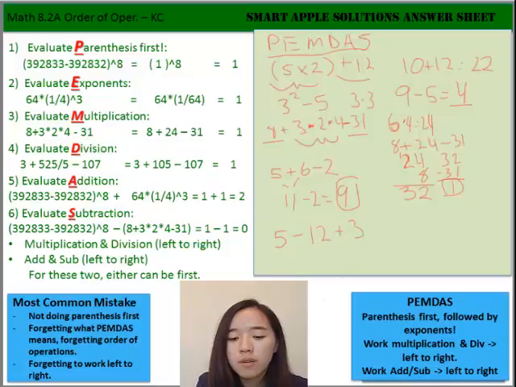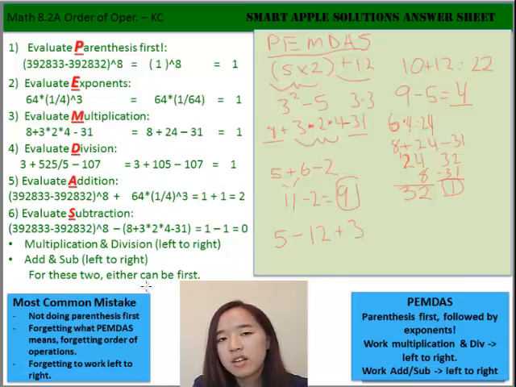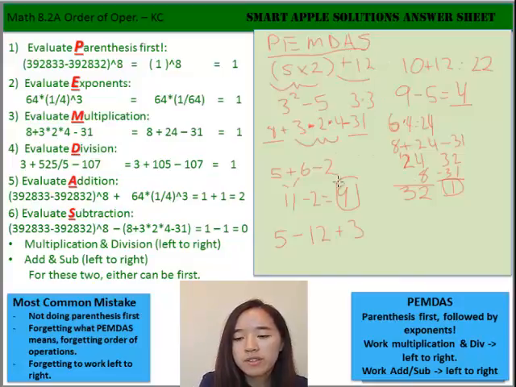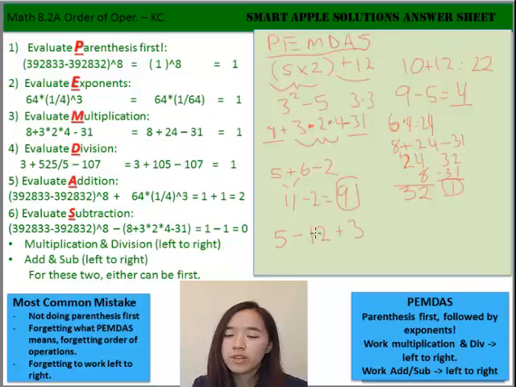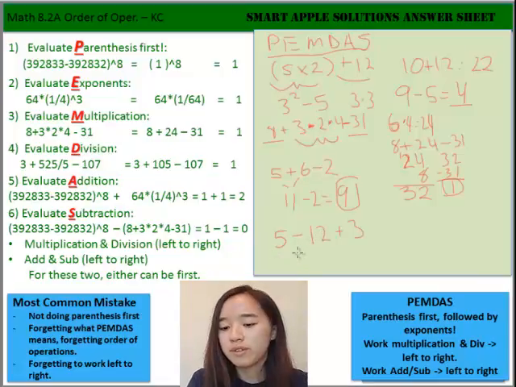Even though addition technically comes first and then subtraction, we have to realize that these two go hand in hand, and whichever one is on the left first is the operation that we perform first. So we see that the subtraction sign right here is the one that's to the left, so we're going to work with subtraction first. So 5 minus 12 is negative 7. And then we add the 3, so negative 7 plus 3 equals negative 4.